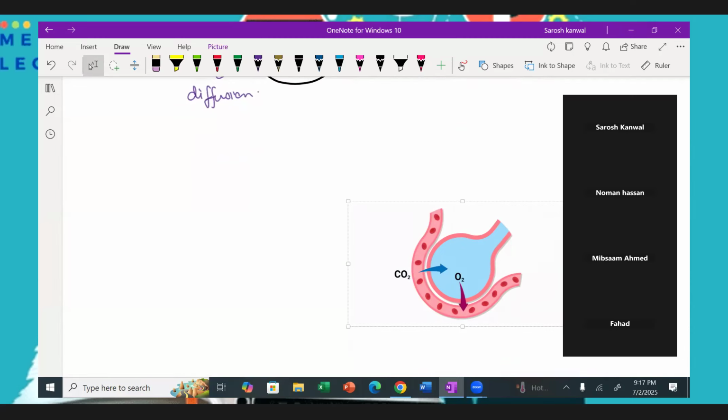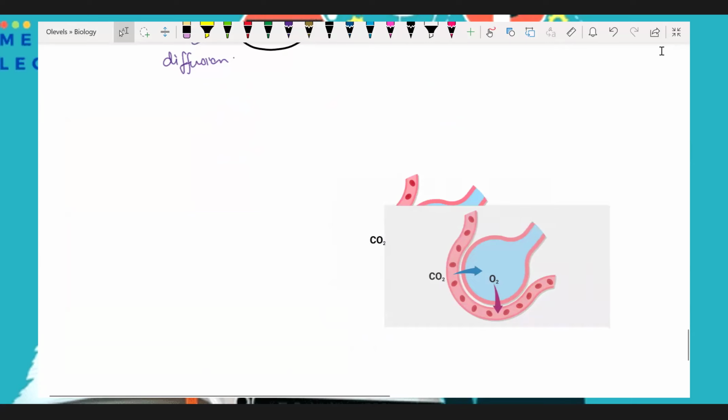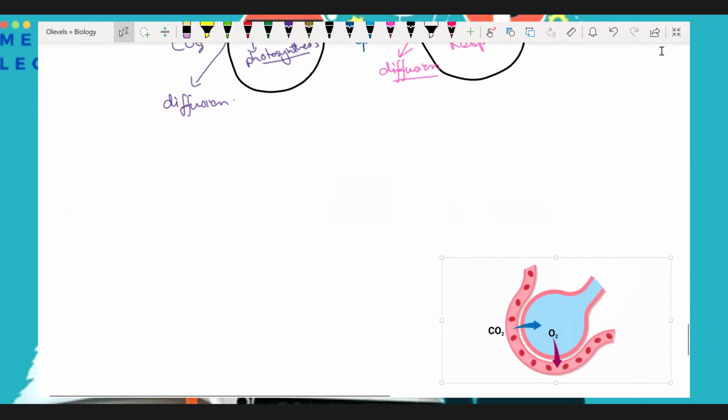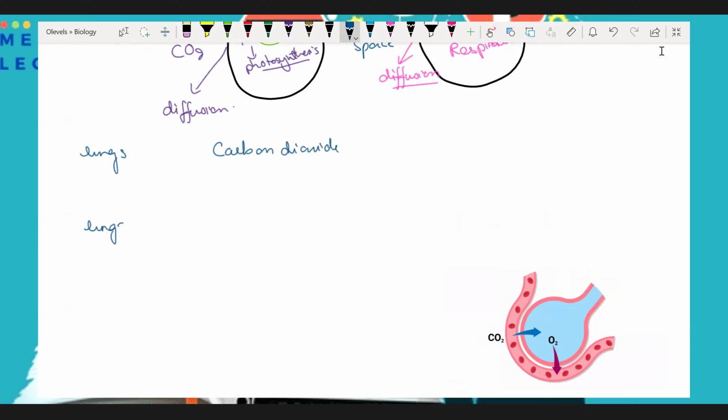Okay, now in case of lungs, what happens? We know the molecules that need movement at the alveoli are carbon dioxide and oxygen, right?